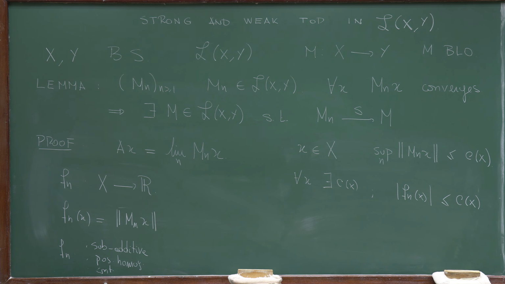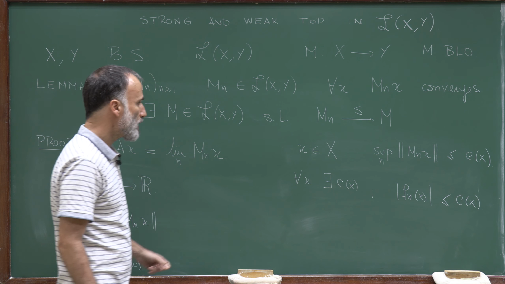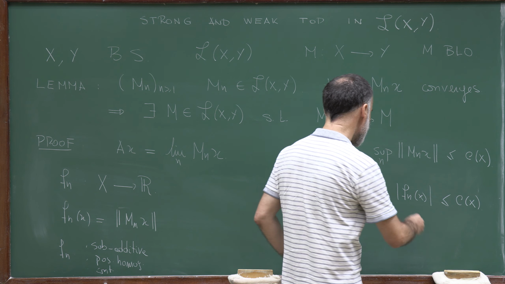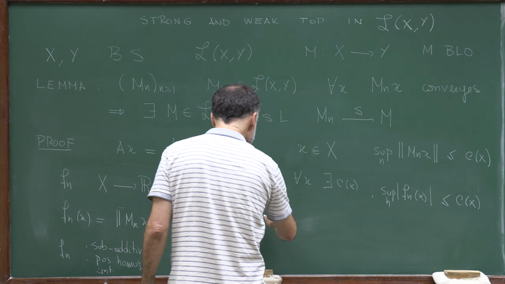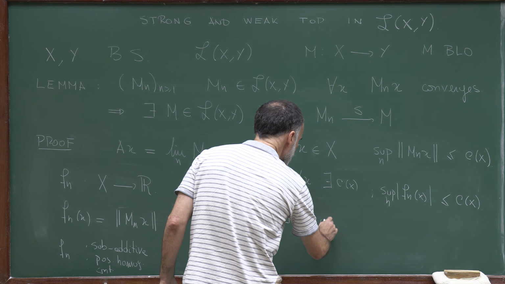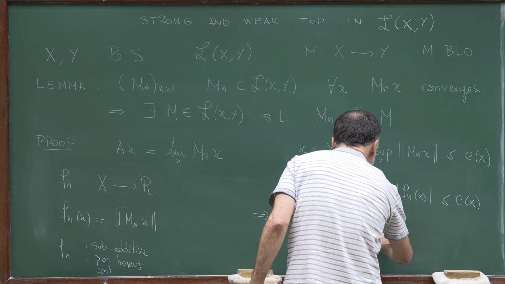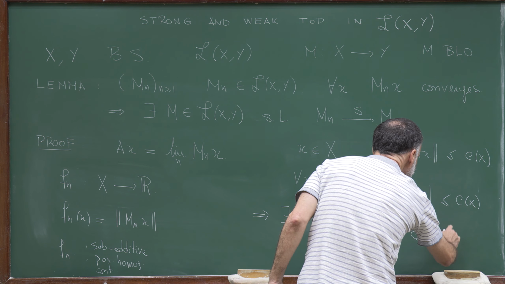Now we have proved, using the principle of uniform boundedness, that if we have such a sequence of functions which are subadditive, positive homogeneous, and continuous, and such that for each x there exists a constant which depends on x, such that the supremum in n of fn x is bounded by this constant, then there exists a finite constant C0 such that fn x is bounded by C0 times the norm of x.